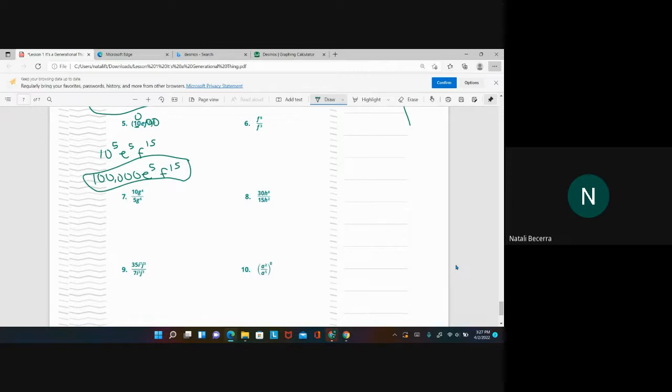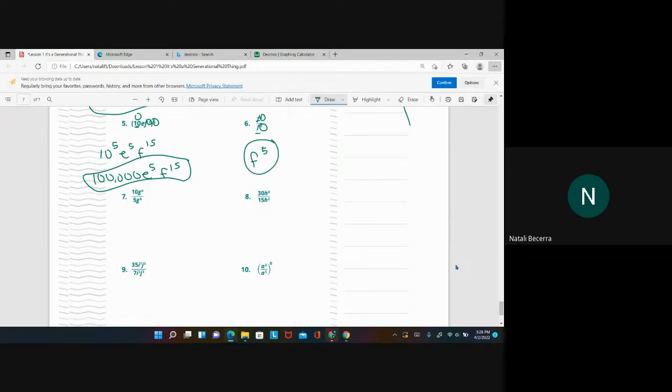Now let's do some where there is division, or a quotient. We call this the quotient rule. So I have my same base, F, and then you do 8 minus 3, because whenever you're dividing, you subtract. So 8 minus 3 is 5.